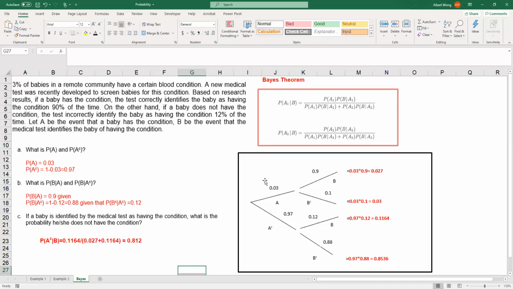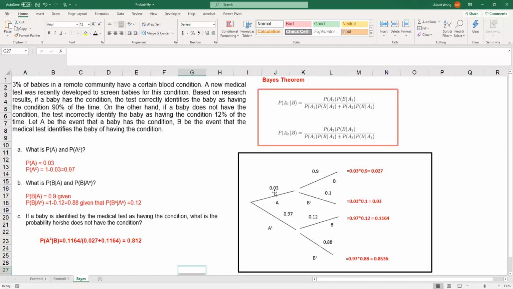Once the tree is complete, what we can do is to calculate what we call the joint probability. That means the probability of this branch and the probability of this branch, and so on for each path. Now, to calculate this probability, all you have to do is to multiply them, right? So the probability of the first branch is 0.03 times 0.9, which is equal to 0.027.